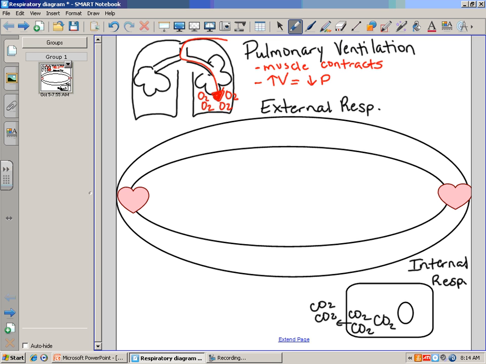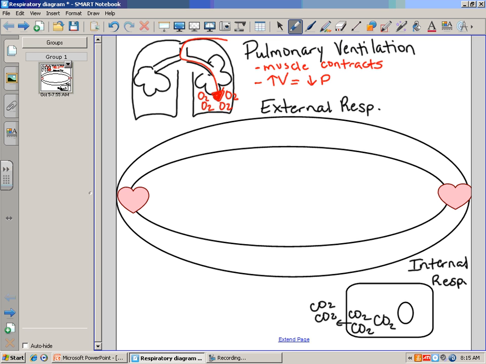Okay? So now we have low pressure in the lungs, high pressure outside the body. Which way does a gas always flow? From high pressure to low pressure. So if the pressure is high outside, air flows into the lungs where there's lower pressure.